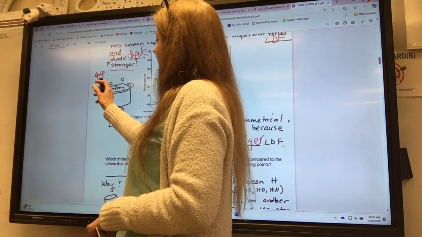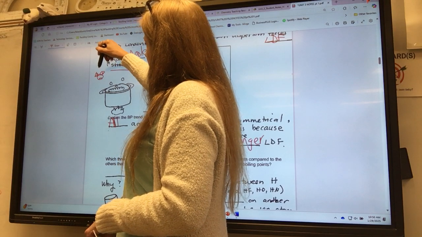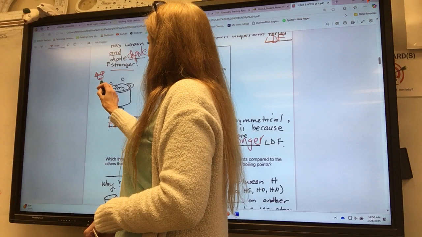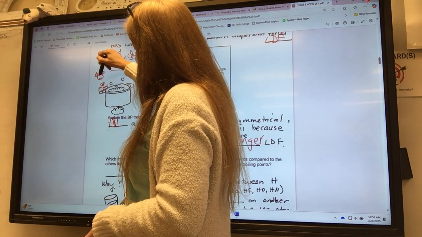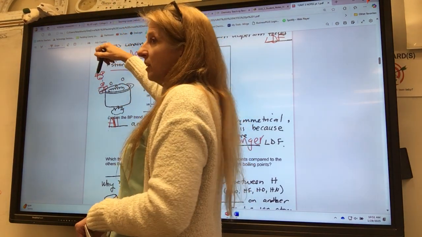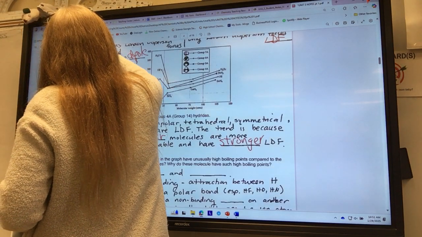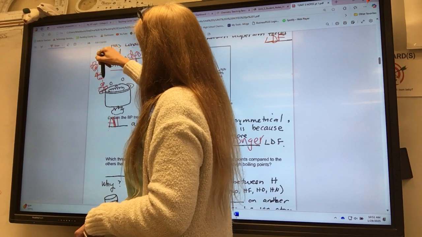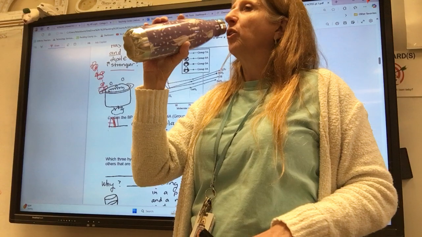So this has got a polar end, and so therefore it is ready to make a little bond with another water where this negative will be attracted to this positive, but it won't do that on just one side. It's not just dipole. On this side, this is going to be attracted to another negative, so it is dipole-dipole. So great, you say it twice. One for each side, yes.